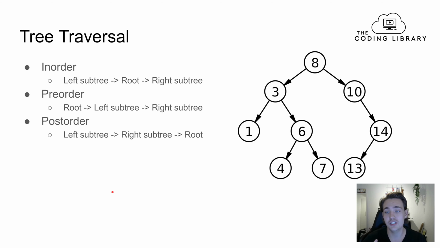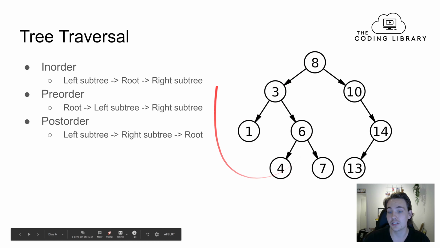When we're talking about trees, we need some way to traverse around in the tree. And we have 3 different types: in-order, pre-order and post-order tree traversal. So let's say we want to take the in-order approach. Then we first visit all the nodes in the left subtree, which is this subtree here, and then we have the root node, and then the right subtree.